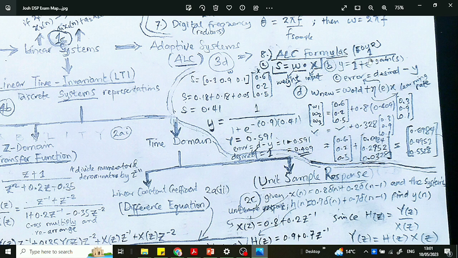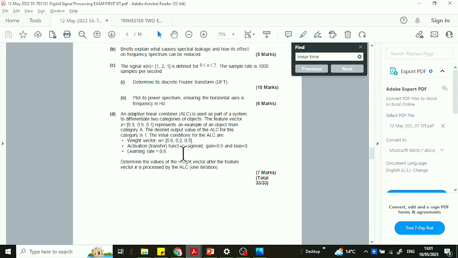This is the sigmoid formula. So if you had said something else, this formula might change. So yes, that's the sigmoid. The weight is this, and the activation function is this. The function is sigmoid, gain is this. The bias is 0. Learning rate is 0.8.